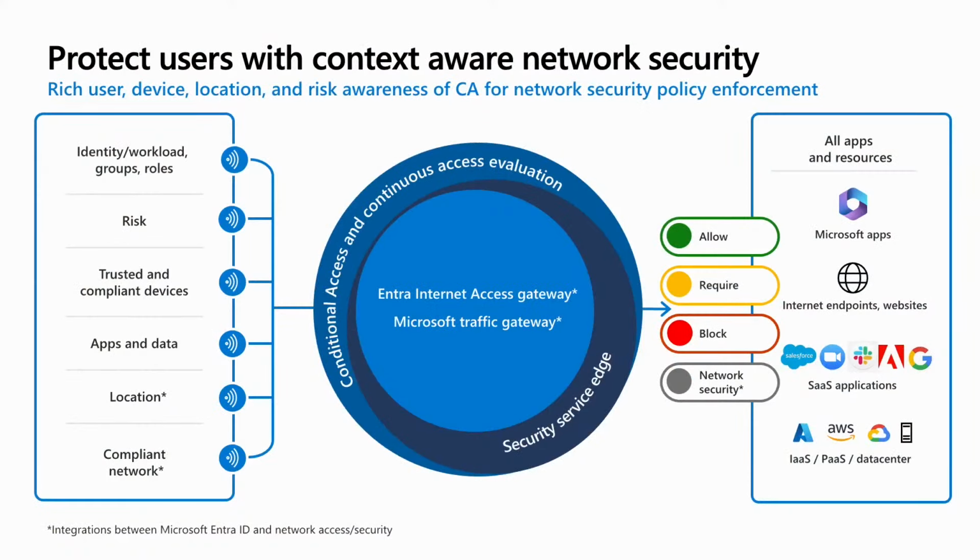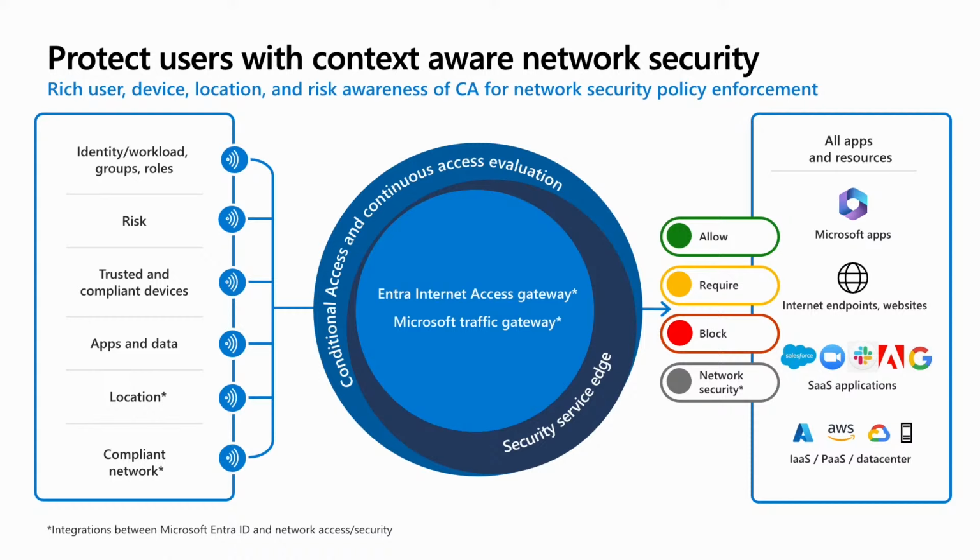Another unique feature of internet access is the ability to link conditional access to your network security policies, giving you a versatile tool that can adjust to different scenarios. You can now control access to any internet destination by applying CA controls to your secure web gateway policies, leveraging the rich context of conditional access.